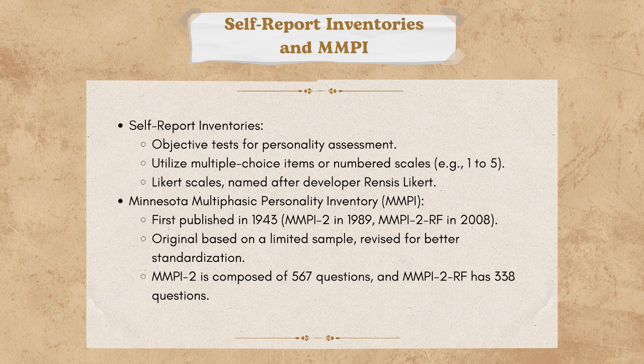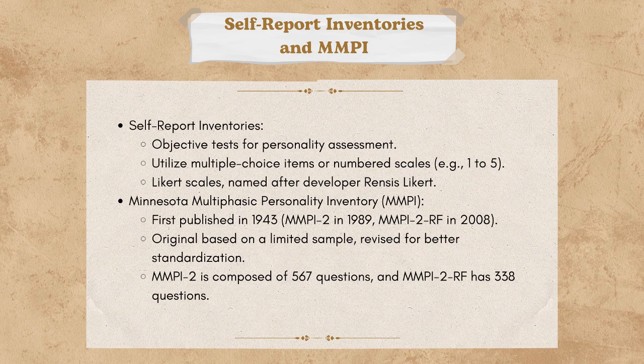1932. One of the most widely used personality inventories is the Minnesota Multiphasic Personality Inventory, MMPI. MMPI, first published in 1943. It had 504 true-false questions. It was updated to the MMPI-2 in 1989 with 567 questions.